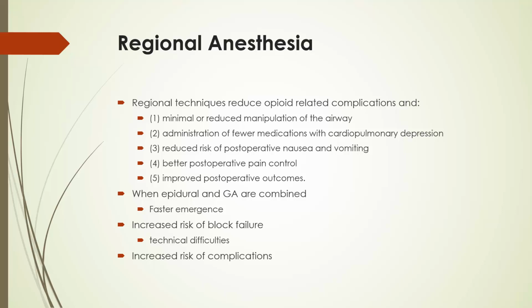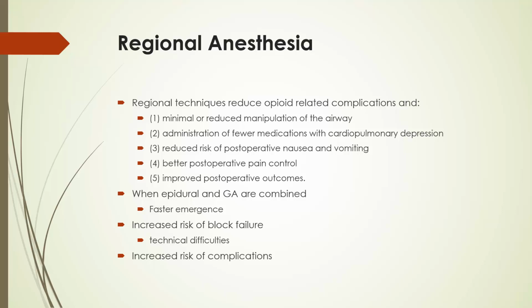There is minimal or reduced manipulation of the airway, and administration of fewer medications with cardiopulmonary depression. There is reduced risk of post-op nausea and vomiting. There is better post-op pain control and improved general post-op outcomes. When epidural anesthesia is combined with general, time to tracheal extubation may be reduced in this patient population.